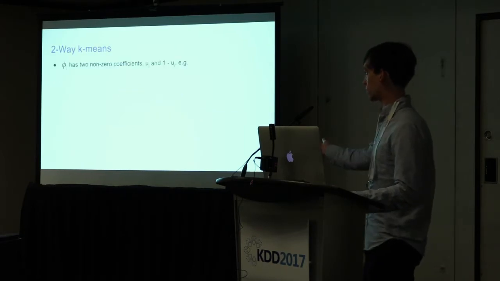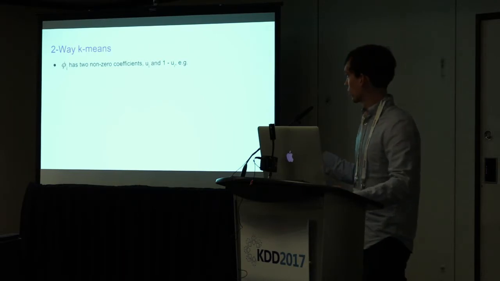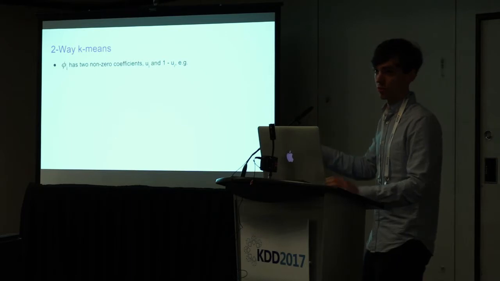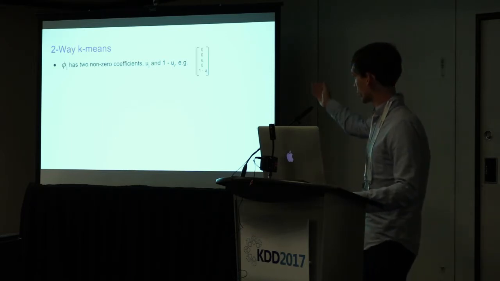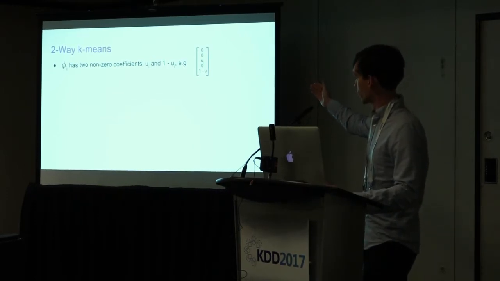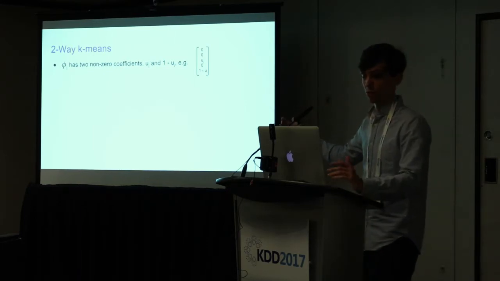Now two-way kMeans is this exact same generalized kMeans, but we have added constraints. First of all, our coefficient vector only has 2 non-zero coefficients, because each point can only belong to 2 clusters. So our coefficient vector would look something like this: one representative would have a coefficient ui, and one would have 1 minus ui, and these sum to 1.